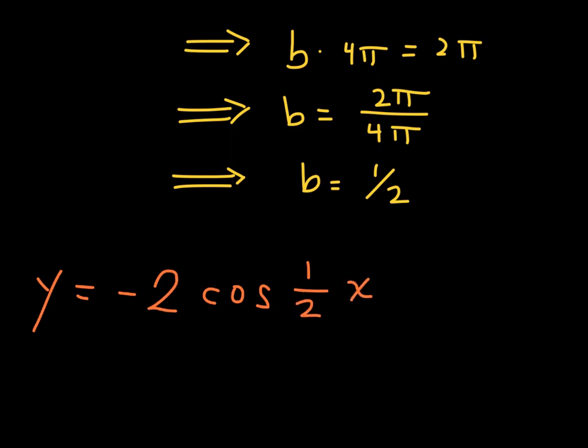How's that for you? Cool deal. So this is the reflection, which is the reason why it starts to increase right away. This is my amplitude, the absolute value of -2, which is 2. 2 units is your amplitude. And this b value of 1/2 is going to cause you to horizontally stretch your graph, changing your period.